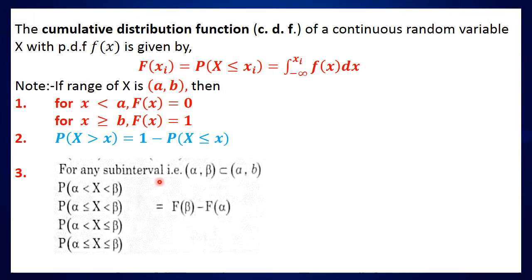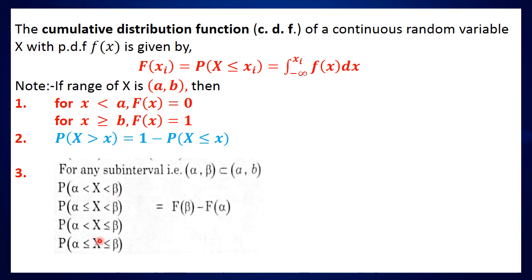Now, for any subinterval, that is open interval alpha beta subset of open interval ab, we have p of alpha less than x less than beta, or p of alpha less than or equal to x less than beta, and p of alpha less than x less than or equal to beta, or p of alpha less than or equal to x less than or equal to beta.